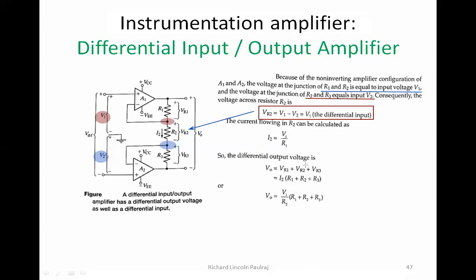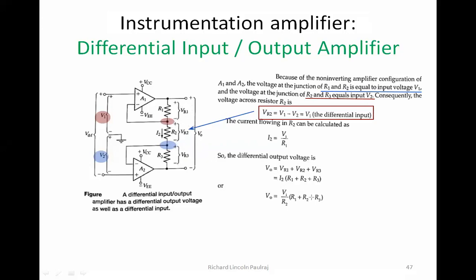So the differential output voltage V0 is equal to, my total V naught, the addition of VR1, VR2, and VR3. At different points, I'm getting these voltages. VR1 is with respect to A1, VR3 is with respect to A2, and VR2 is a combination, the difference between 1 and 3.